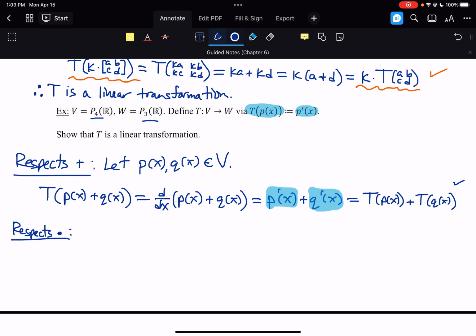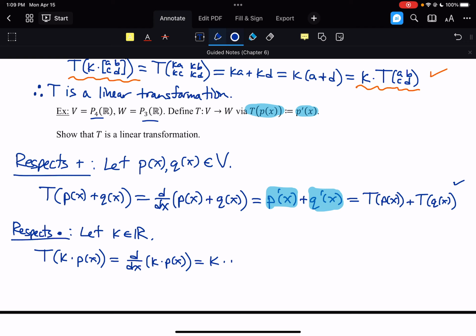Now to respect scalar multiplication, we're going to let k be a real number. Transformation of k times p of x. Again, we have the same type of situation here. So this is the derivative of k times p of x. But you can pull constants out of derivatives. That's a property that we know from calculus.